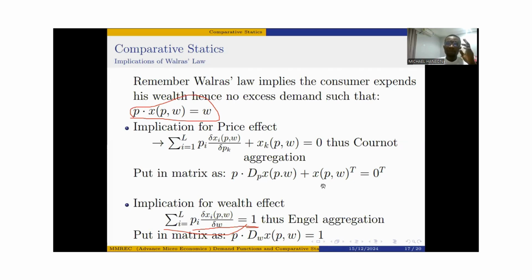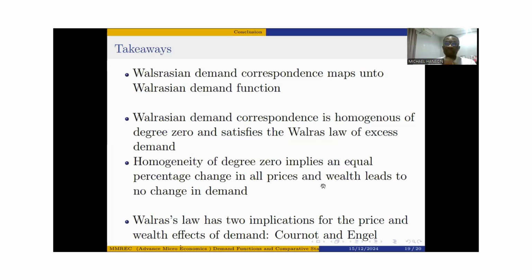So just to wrap up, what we've been able to achieve today is that the Walrasian demand correspondence, which we viewed from the multi-valued demand, can be reduced to a single demand, which is called the Walrasian demand function or the Marshallian demand function.